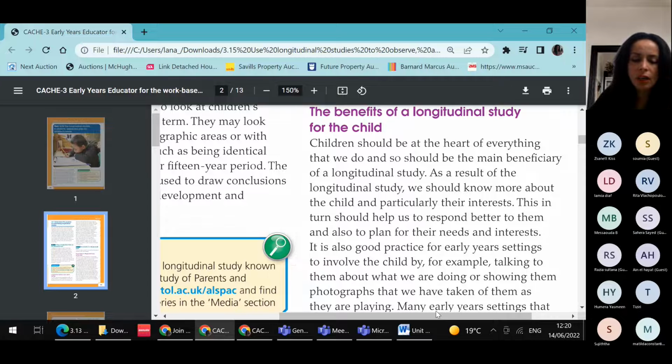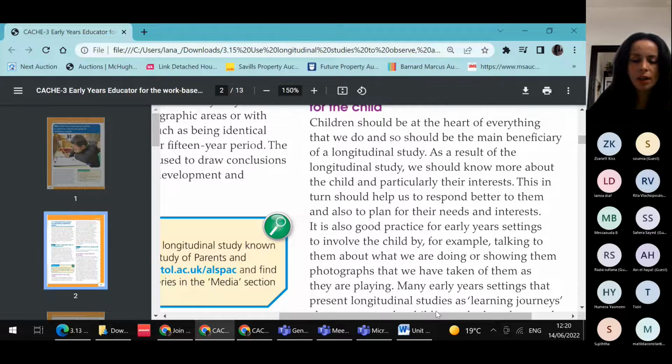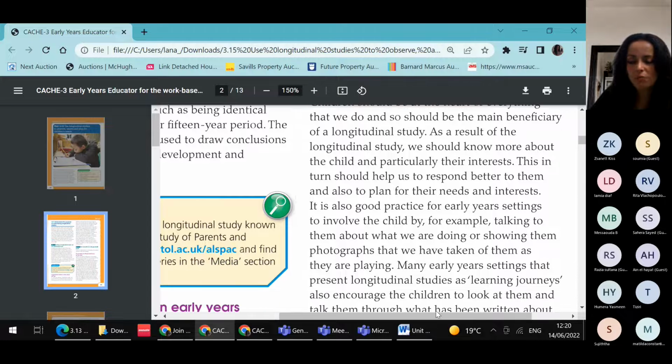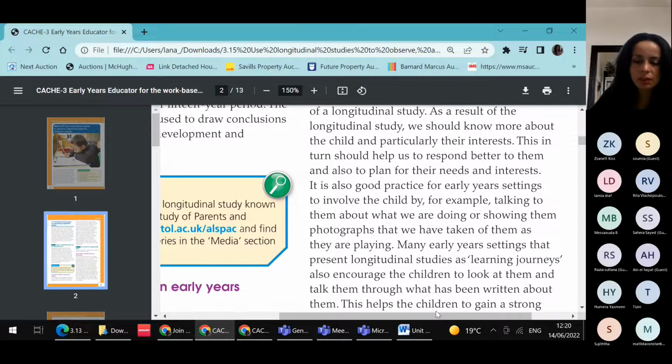So, for example, talking to them about what they are doing or showing them photographs that were taken of them. For example, when they were babies, we show them photographs like, look, this is when you were a baby. We talk to them, what did you like, what did you not like? We can keep asking them questions just to understand them more. And we can play with them more.